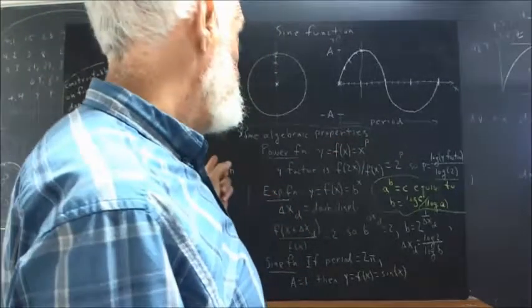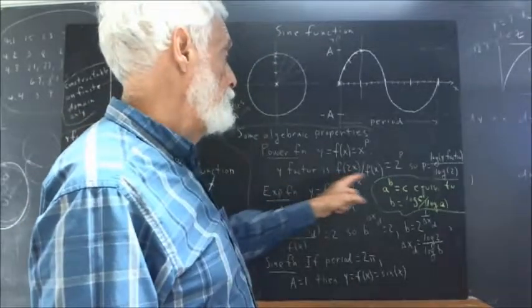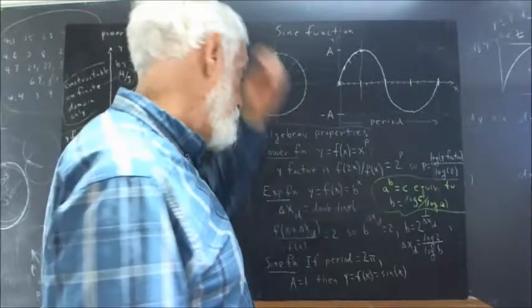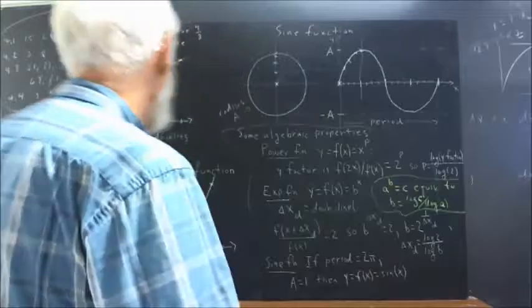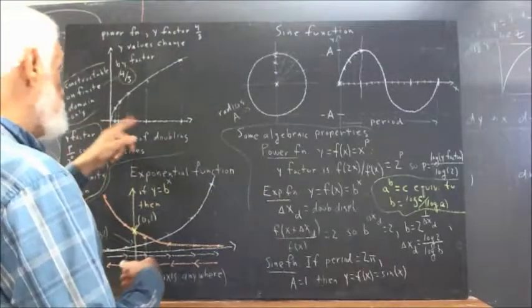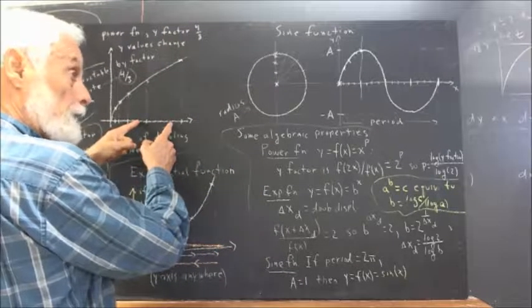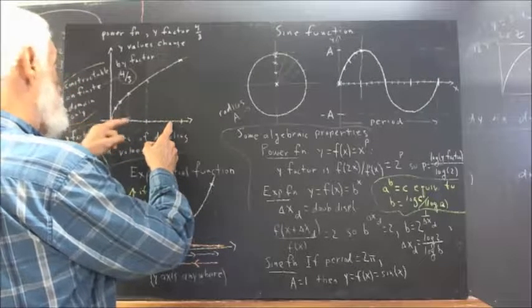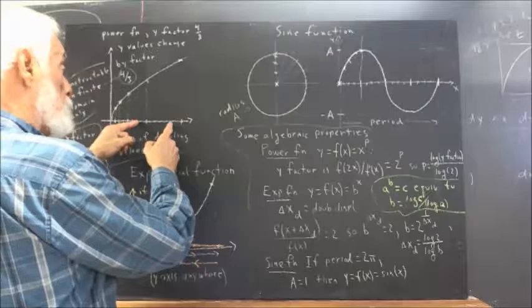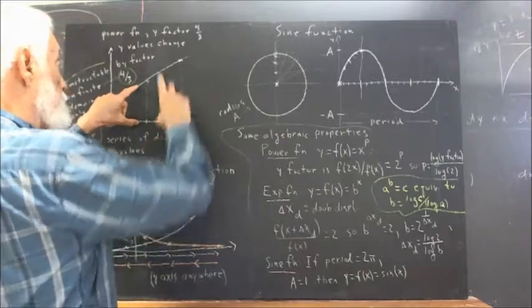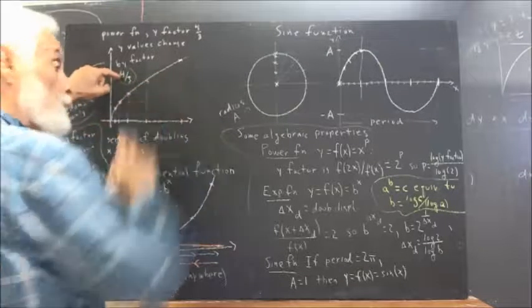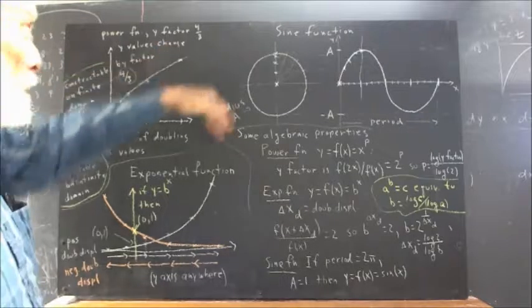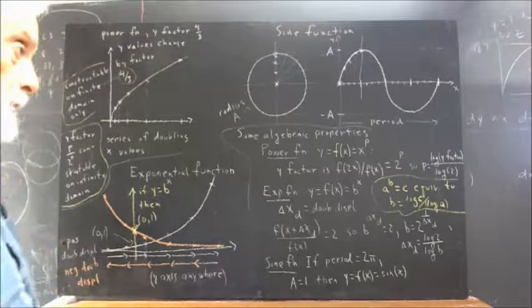So the y factor is just f of 2x over f of x. Why is that? Because 2x, wherever x is, if x is here, then 2x lies twice as far here. And since this point is twice as far from the origin as this point, the y factor between here and here has to be the same as the y factor for all other pairs of points.